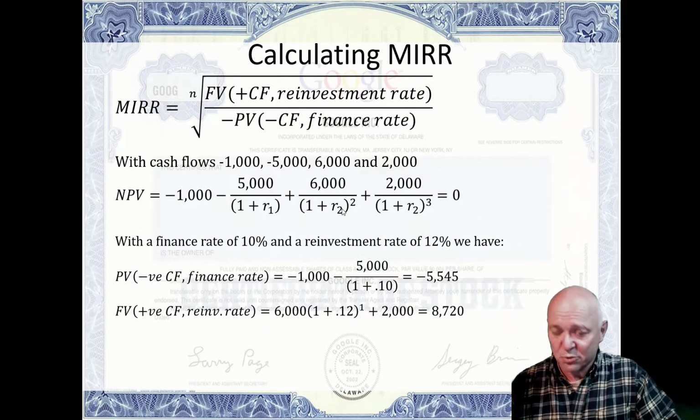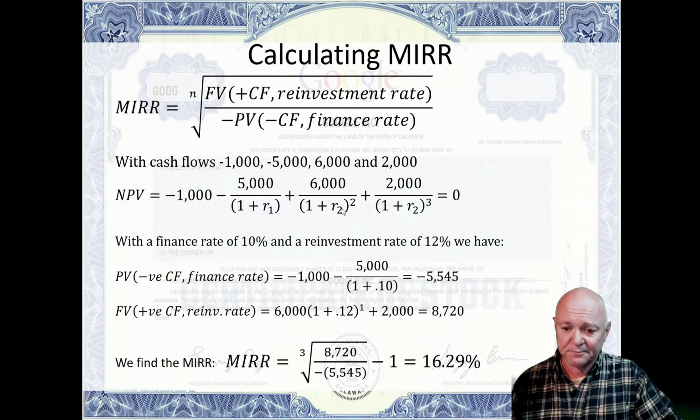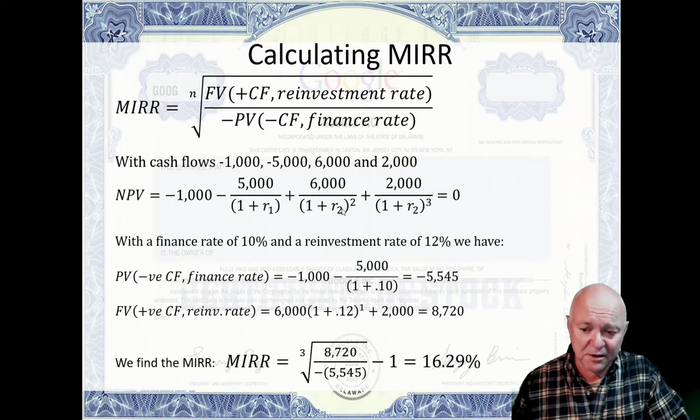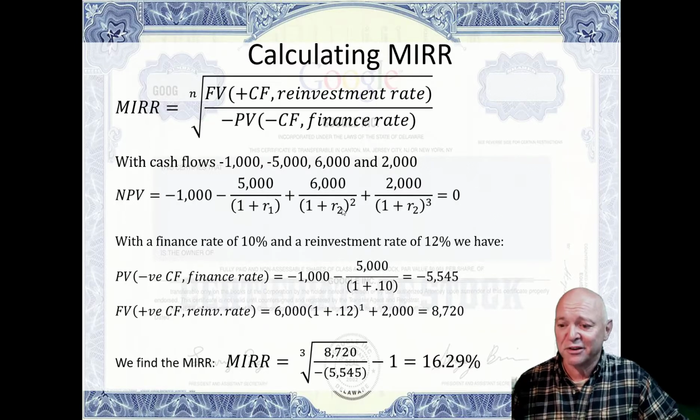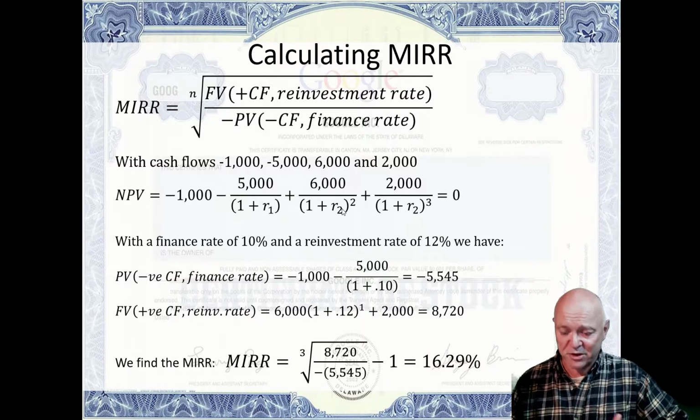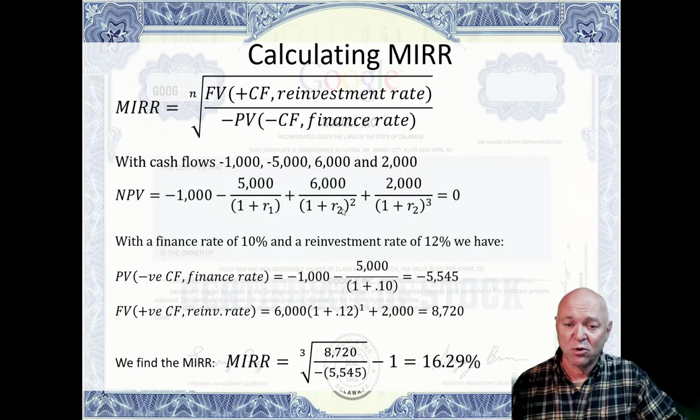We plug those into our formula, and that means that in the numerator we have the future value, 8720, and in the denominator we have the negative of the negative. So we said it was minus 545, and we're going to take the negative value of that according to the original formula.